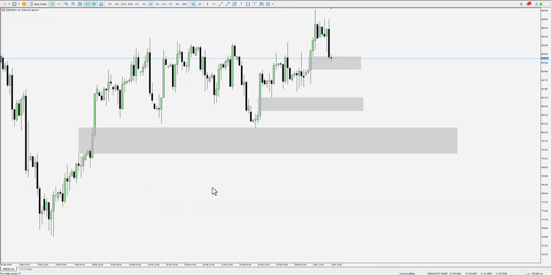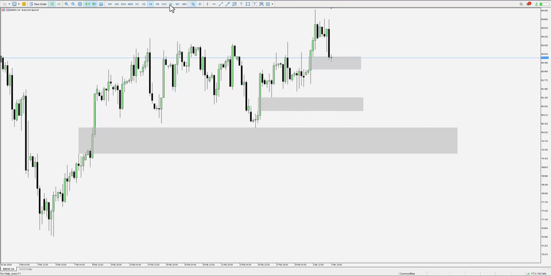Then Brent, I've already highlighted it, saying that longs are ideal from discount. I've already marked this H4 inefficiency here, where I expect Brent to find support, buyers to come back into the picture and push price to the upside. And then there's also this inefficiency here on H4.